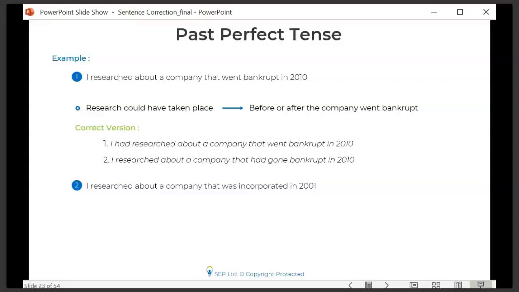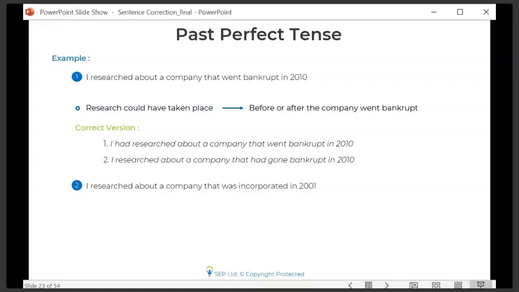All right. So let me reset the poll. Now this question again is addressed to all of you. Is it clear to all of you why past perfect tense should be used? Great.